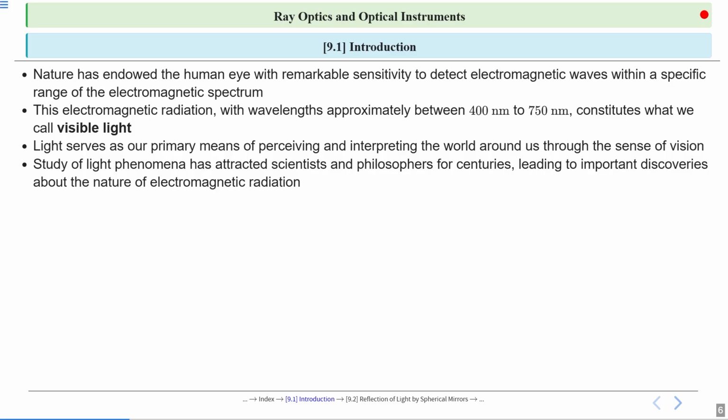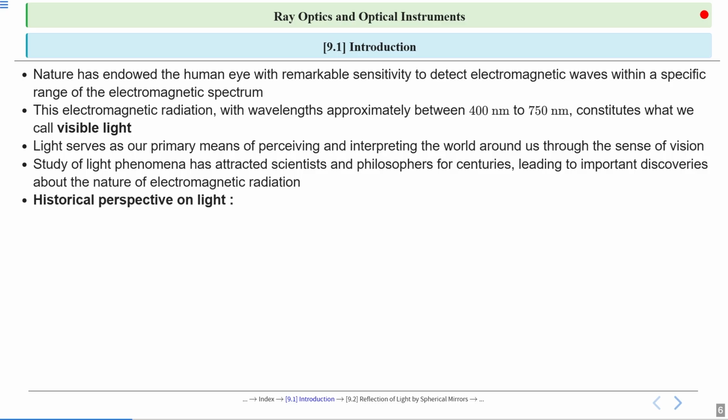The study of light phenomena has led to important discoveries about the concept of light, and also the development of various optical instruments like the telescope, microscope and lenses that are being used nowadays. They were discovered or invented after studying light phenomena.